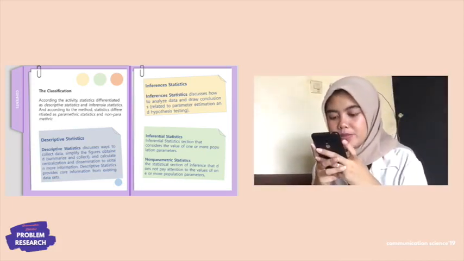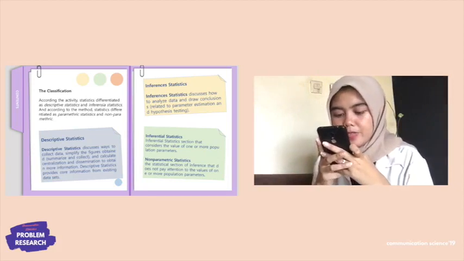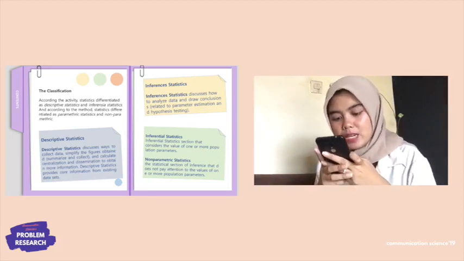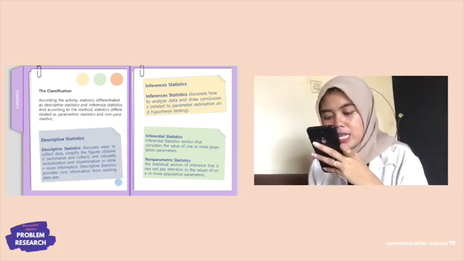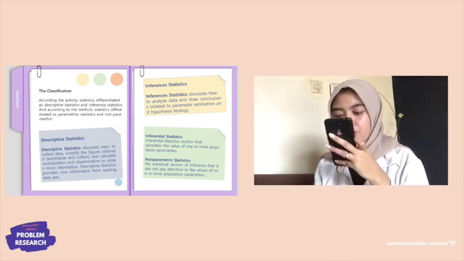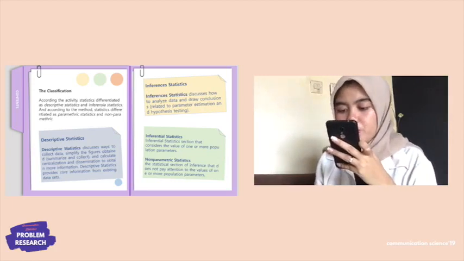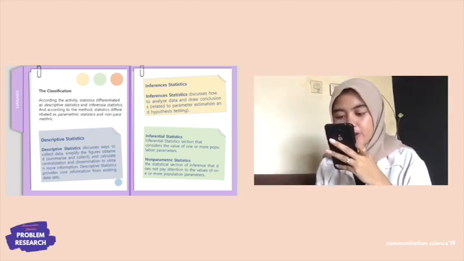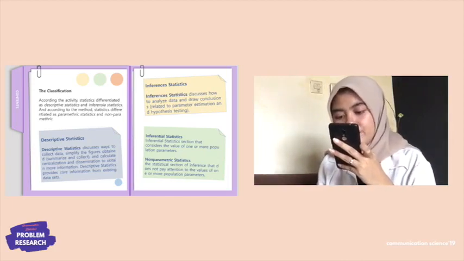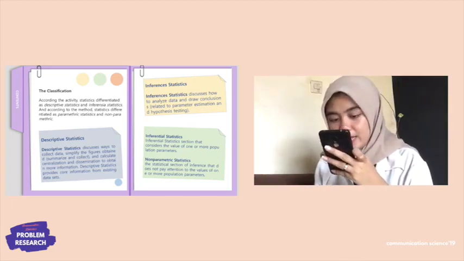Then parametric statistics. Parametric statistics is the section of inferential statistics that considers the value of one or more population parameters. Parametric statistics requires data that have at least an interval measurement scale.